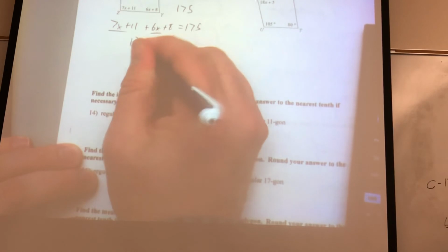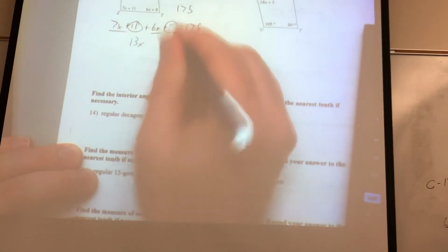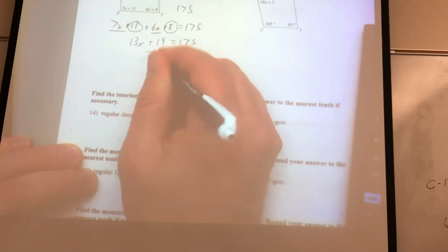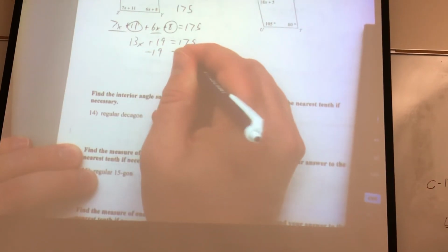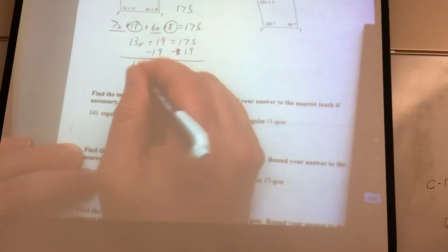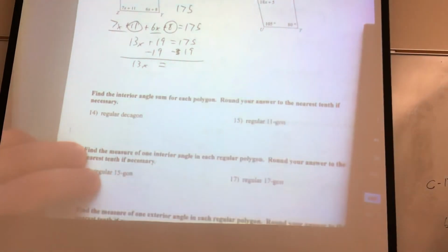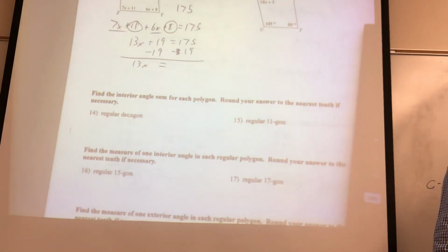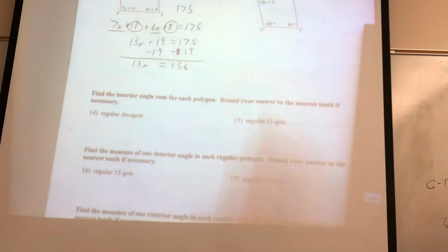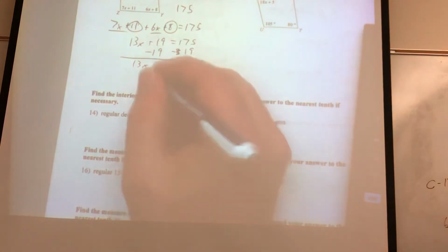That's 13x, 11 and 8 is plus 19 equals 175. So I subtract 19. So I get 13x is equal to 156, since I'm only subtracting 19. So 156 divided by 13 is going to give me 12.